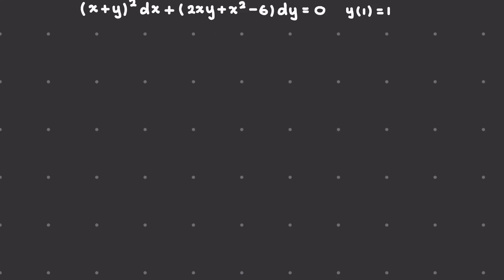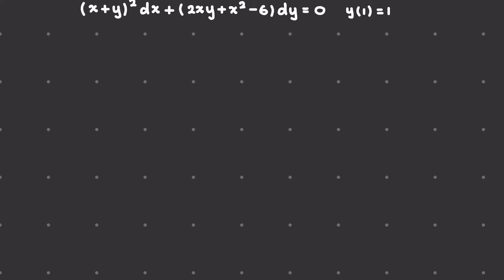Everyone, we are back with our second example for an exact differential equation. What we have here is (x + y) squared dx plus (2xy + x squared - 6) dy equals 0, and we have an initial value problem of y(1) equals 1. Our very first step, remember, is to prove whether this is an exact or non-exact differential equation.